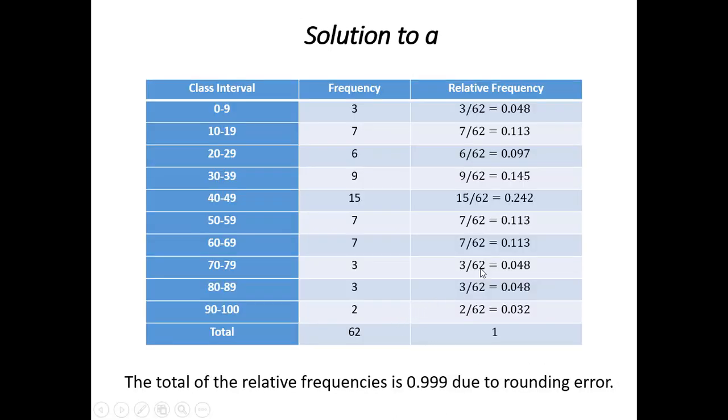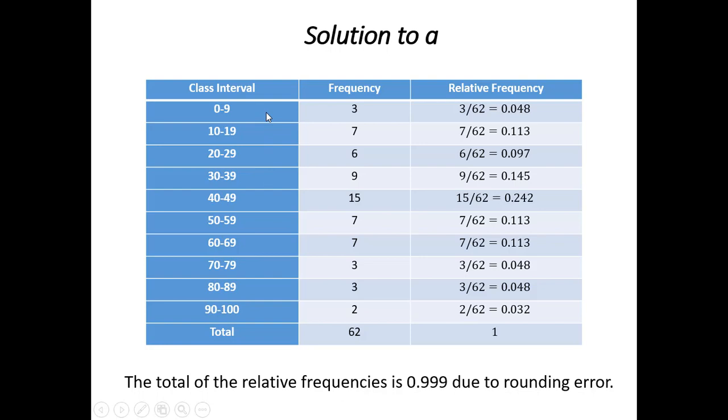Okay, so we can put together our intervals, as I said. The first one, 0 to 9, the second, 10 to 19, the third, 20 to 29, and so forth. Okay, so these are these class intervals. Sometimes you may be given the intervals.